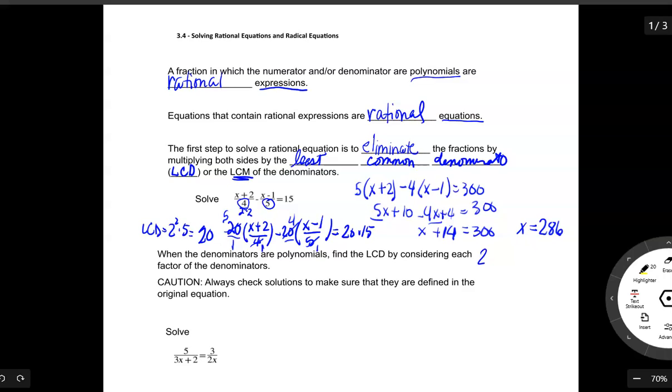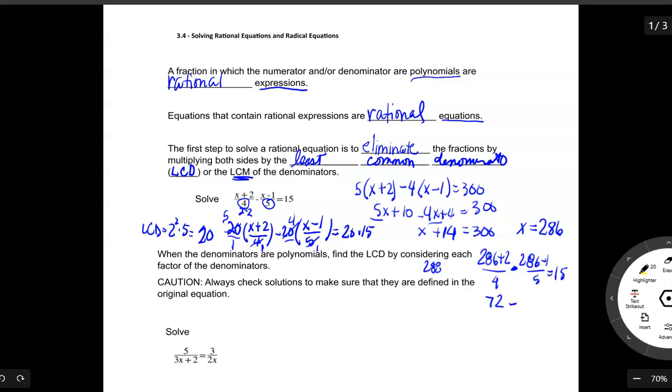So let's just double check this. 286 over 4 minus 286 minus 1 over 5 equals 15. 286 plus 2 would be 288. Divide by 4, I get 72. 288 divided by 4, yeah, so 28 divided by 4 is 7, and then the 8 divided by 4 is 2, so 72.